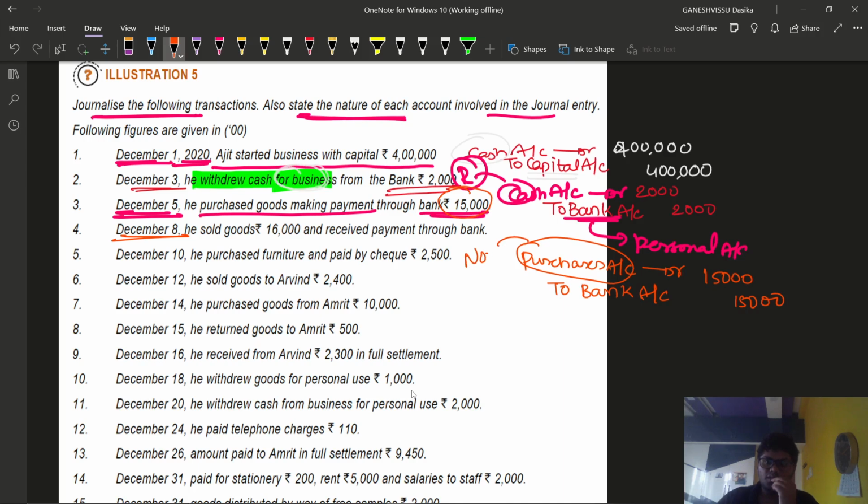Purchases account is a nominal account. According to the nominal account rule, debit all expenses and losses, credit all incomes and gains. As purchases are an expenditure for the business, it is being debited. Bank is the giver, since the amount is being paid through bank, so we are going to credit the bank account. Purchases account is a nominal account and bank account is a personal account.